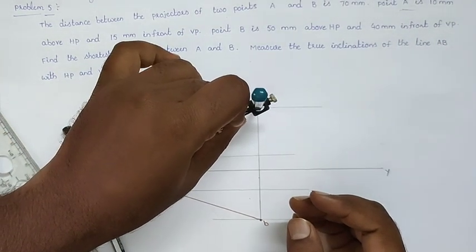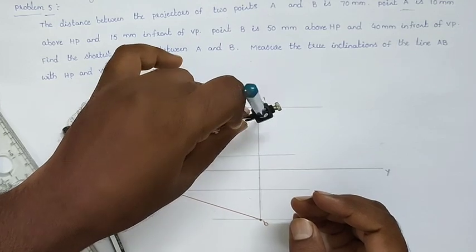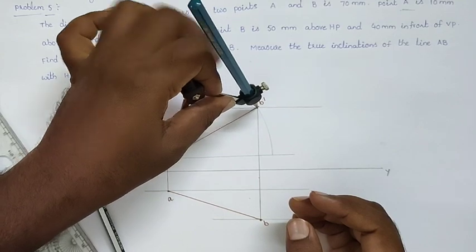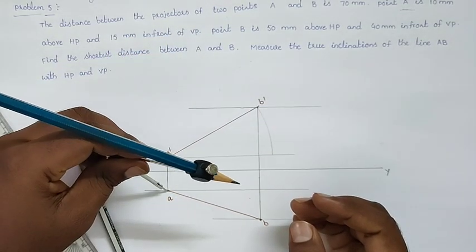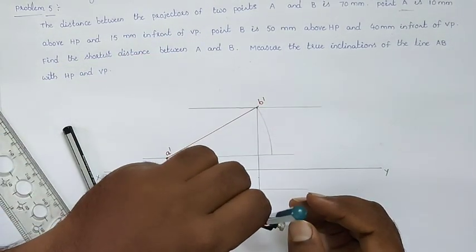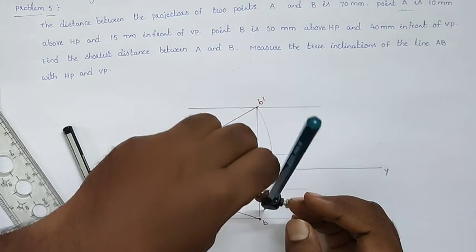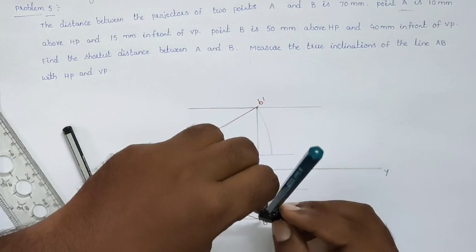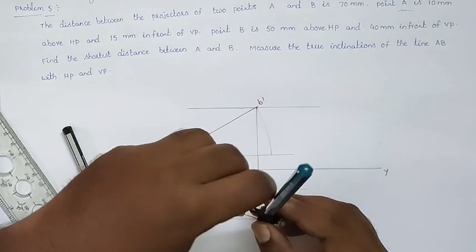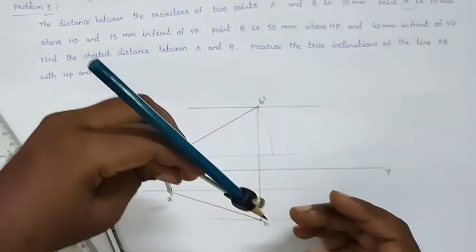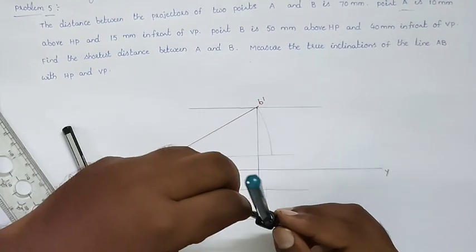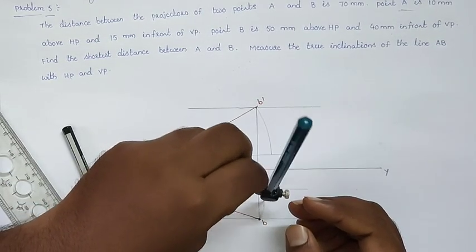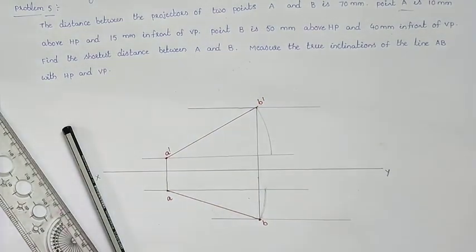Now follow the reverse of the previous method. With A dash as center and A dash B dash as radius, draw an arc up to the A dash horizontal line. Similarly, with A as center and AB as radius, draw the arc up to the A horizontal line.